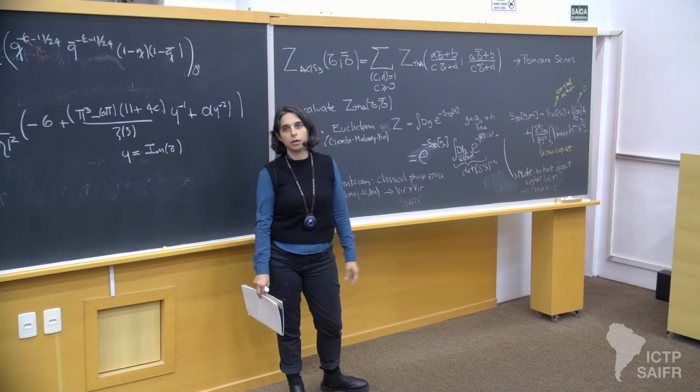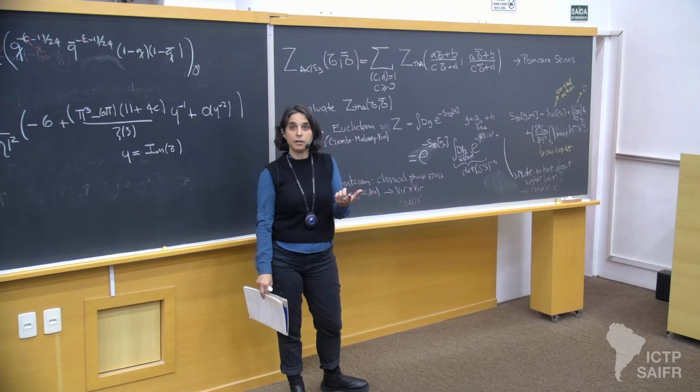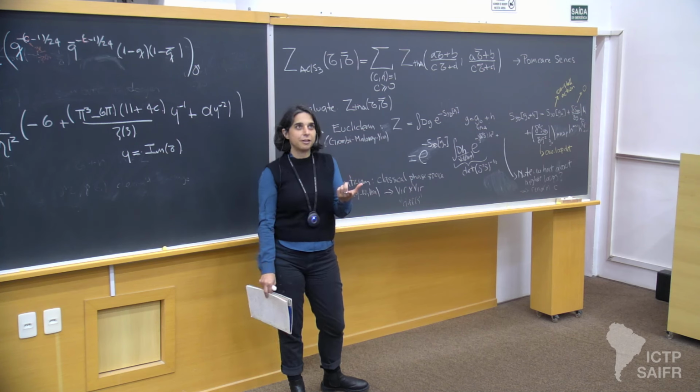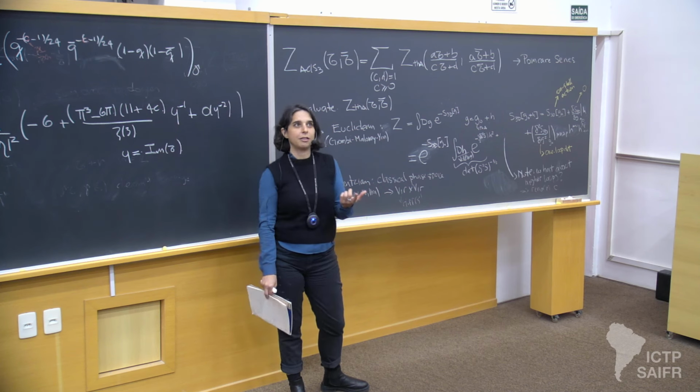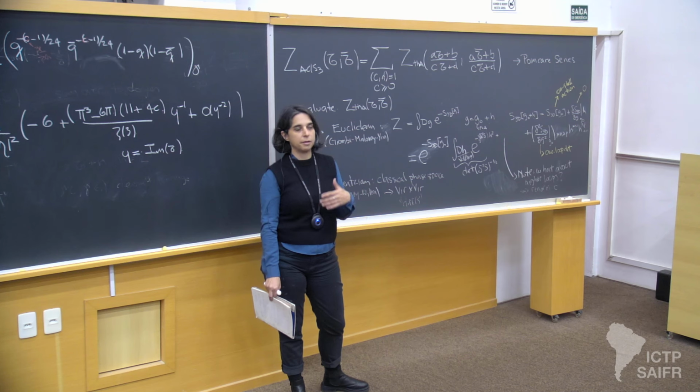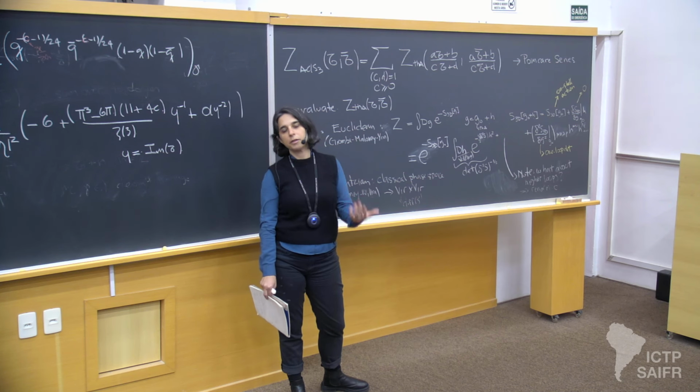Someone should go and do a 2-loop or a 3-loop computation. There's a paper that did it in flat space, and I complained to the authors, why didn't you do it in AdS₃? So they did Minkowski-3, and they showed that if you go up to 2 and 3 loops, the answer was 0. In Minkowski-3, the algebra is the BMS3 algebra, which is also supposed to be one loop exact.